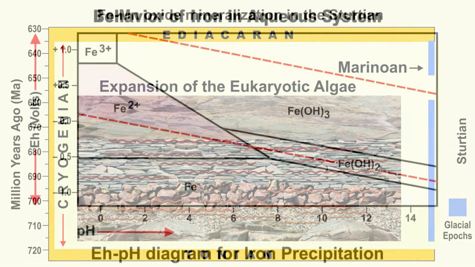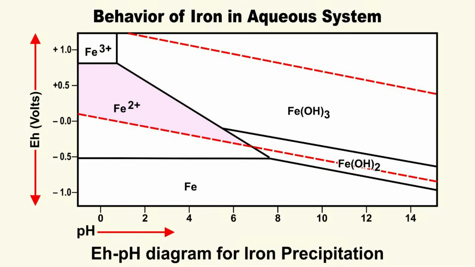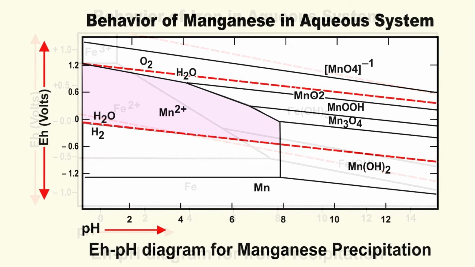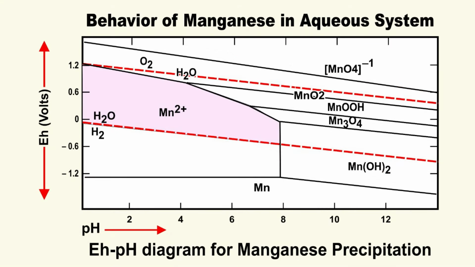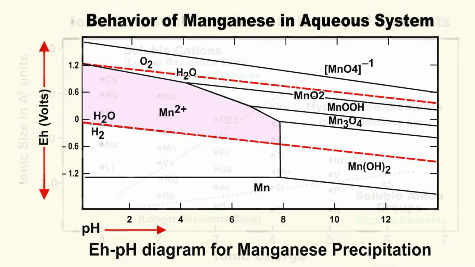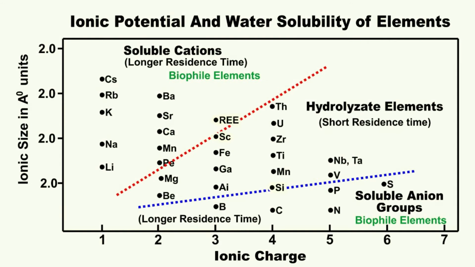The tectonic stability in the basin of deposition was a prerequisite for these geochemical reactions to happen. We will look into the possible mediation by the cyanobacteria also in this process of precipitation in the next episode.